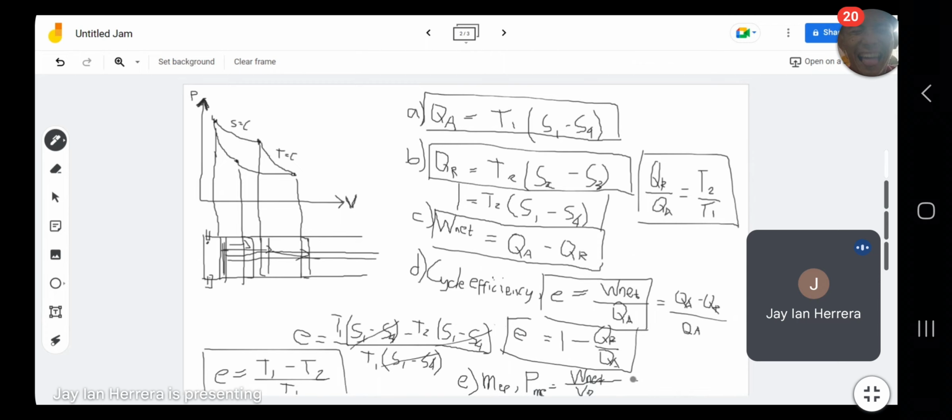Or simply QA minus QR all over, I think that is V3 minus V1. Yung pinakamalayo sa pinakamalapit. The distance between this volume and then this volume.